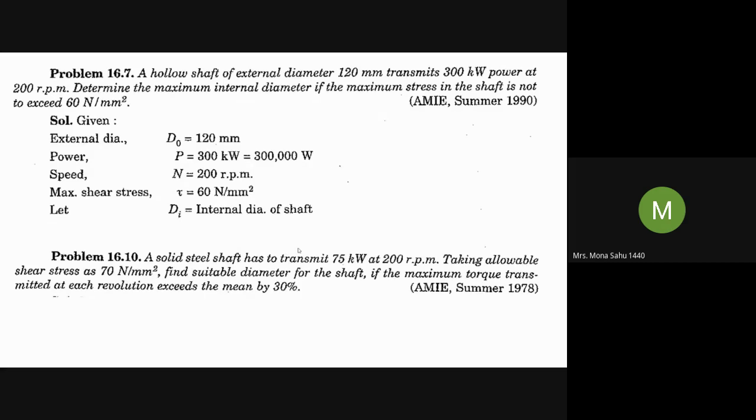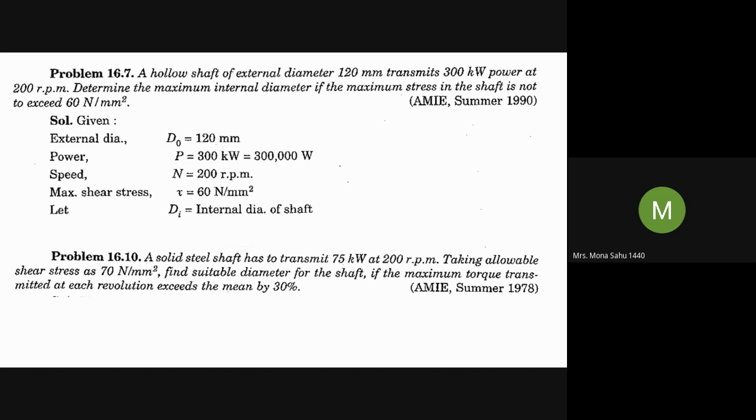What else is given? If the maximum torque transmitted at each revolution exceeds the mean by 30%. So what does that mean? Your torque maximum, it says maximum torque.